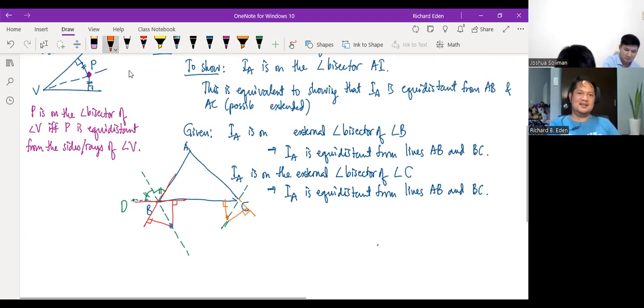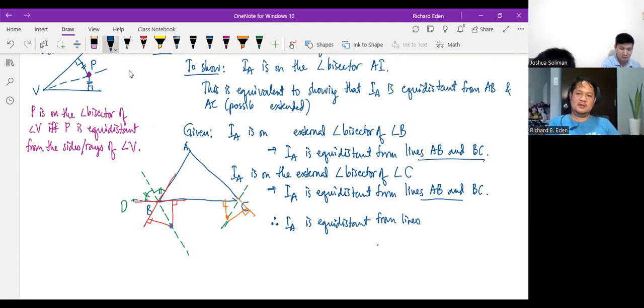Three birds with one stone, I think. So, equidistant from lines AB and BC. So, therefore, I sub A is equidistant from lines... wait, not from AB and BC, but here AC and BC.